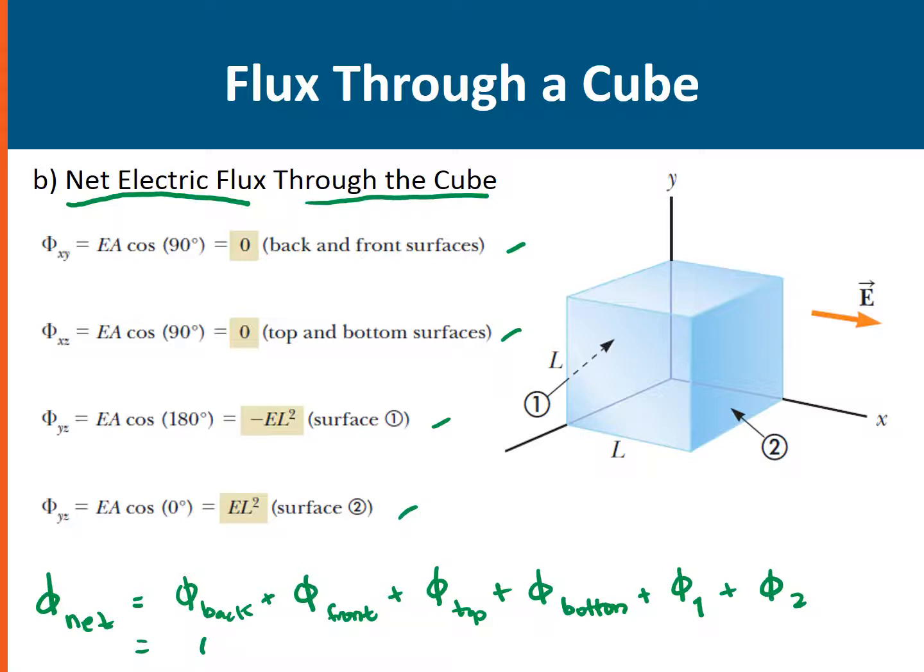This is 0 plus 0 plus 0 plus 0, plus negative EL squared plus positive EL squared, and this will give us 0. So the net flux through this closed surface is equal to 0.